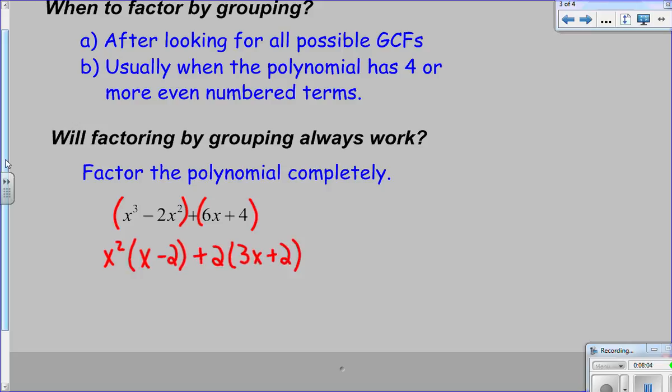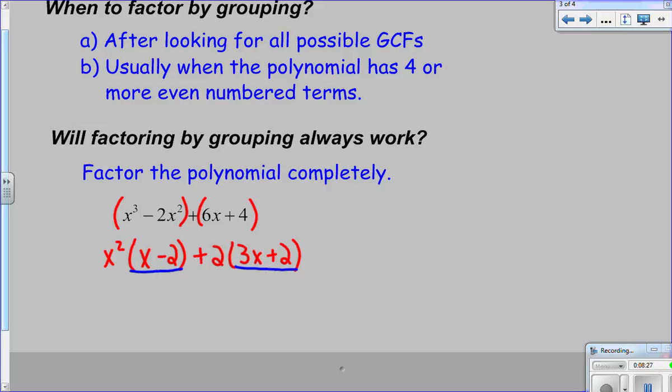Now that we've done our first step, let's see if we've got a common binomial. We need x minus 2 and 3x plus 2 to be the same to do the next step. But since these binomials are not common, since they're different, we can't complete the grouping technique. So we are not able to factor this.